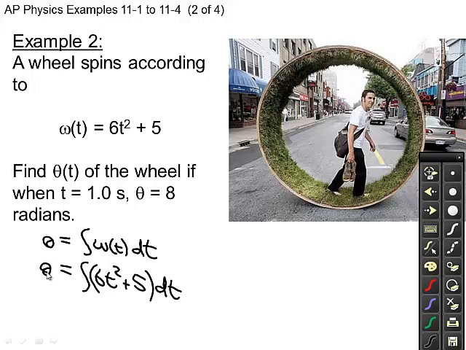Let's take the backwards derivative first. I'm going to raise the t to the third power and divide the coefficient by 3, so I've got 2t cubed. Here this is 5t to the 0th power, so I raise the t to the first power. So I've got 5t.